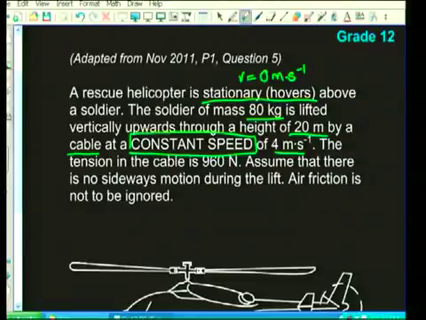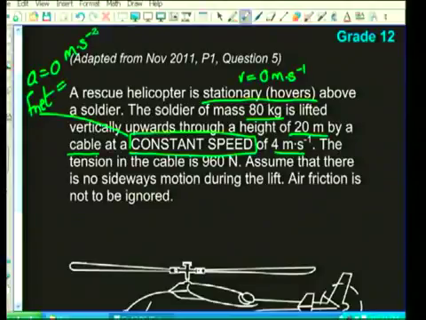That tells me straight away constant speed means that acceleration is 0, which then tells me that F net is 0. Okay, that might be important. The tension in the cable is 960, so let's put Ft equals 960.